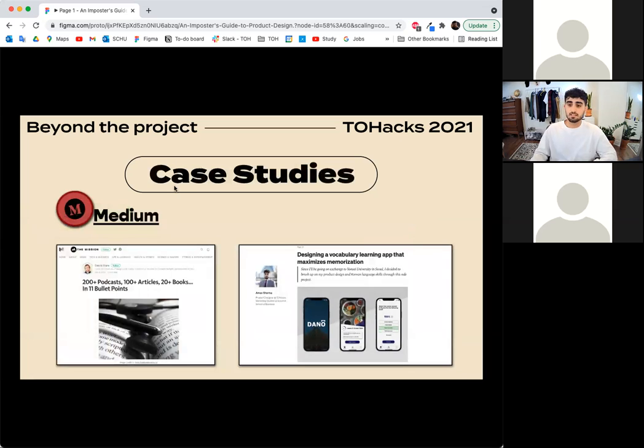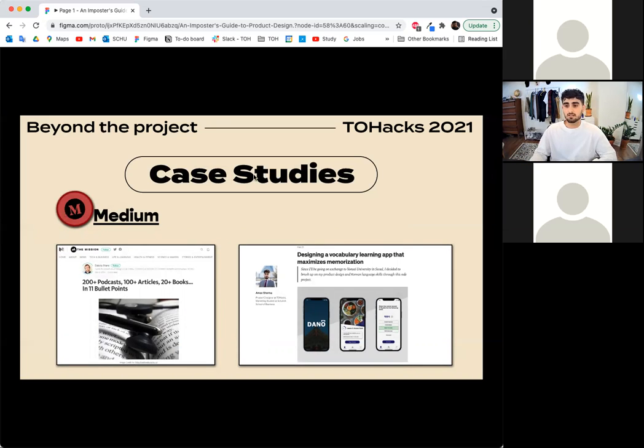And then case studies. So if you get to the point where you have pretty much finished your project and you want to show off not only the skills you learned in the project, but also all the reflections and things you would do going forward, you should definitely write some case studies. In this link, I've linked some Medium articles on how to make those case studies, but it's a great way to really show people your growth as a designer.